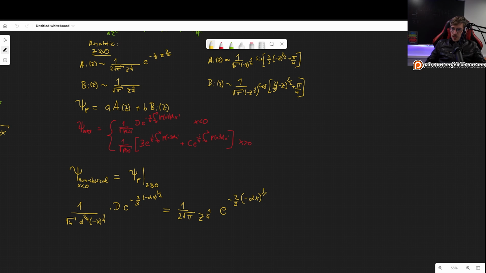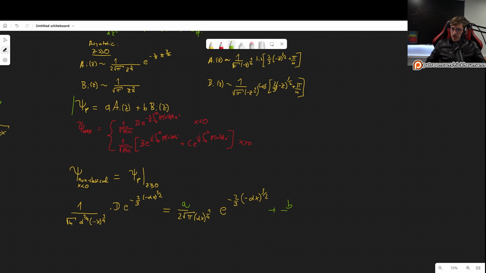So we get 3/2. And then this has to be multiplied by a, right? Keep in mind that this is the wave function that I'm considering. So we have a small a times the first kind functions of Airy, and then plus b times the second kind, right? And this z I'm going to also write as minus alpha x.